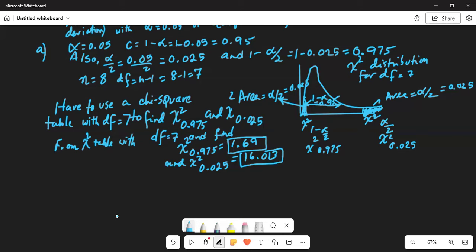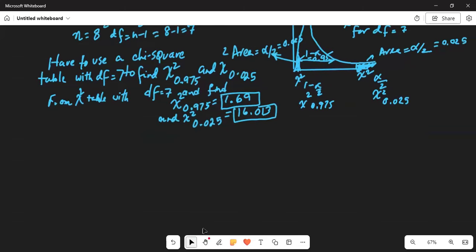Why do we need these two critical values? Because of the 95% confidence interval for the standard deviation. I'll create some space and show you the formula.